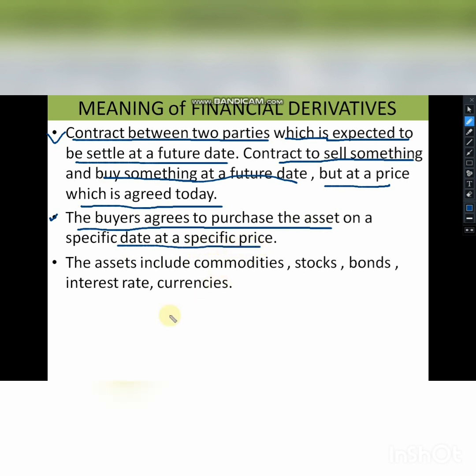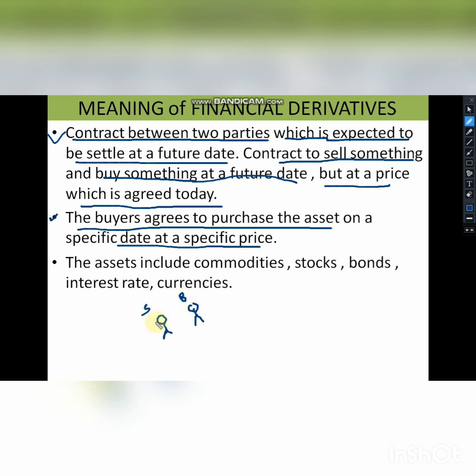Let's understand this with the help of an example. Suppose there is a seller and another person who is the buyer. This person is the seller and this person is the buyer.